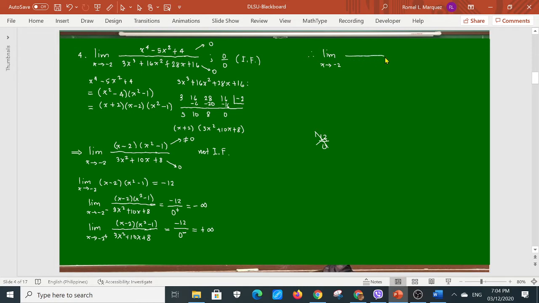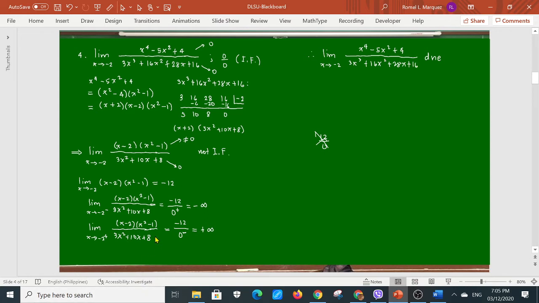Yung original, x to the 4th minus 5x squared plus 4 all over 3x cubed plus 16x squared plus 28x plus 16 is equal, does not exist. No? Do not put equal, if you put equal, negative your score.